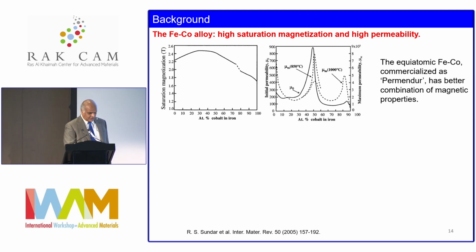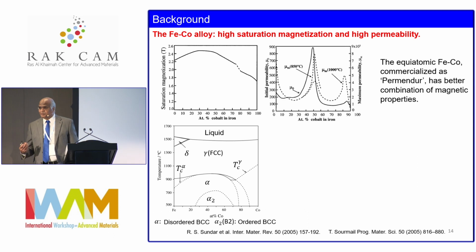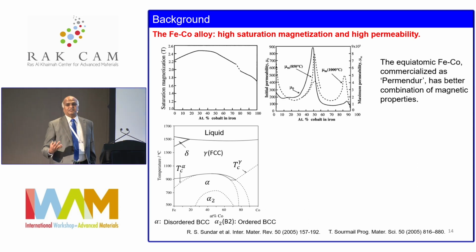So it's very good. Here is the phase diagram of iron-cobalt. At high temperatures, it's FCC, face-centered cubic. It goes into solid solution, or disordered BCC, but the catch is here. It essentially turns into B2, which you can think of as an ordered BCC structure.